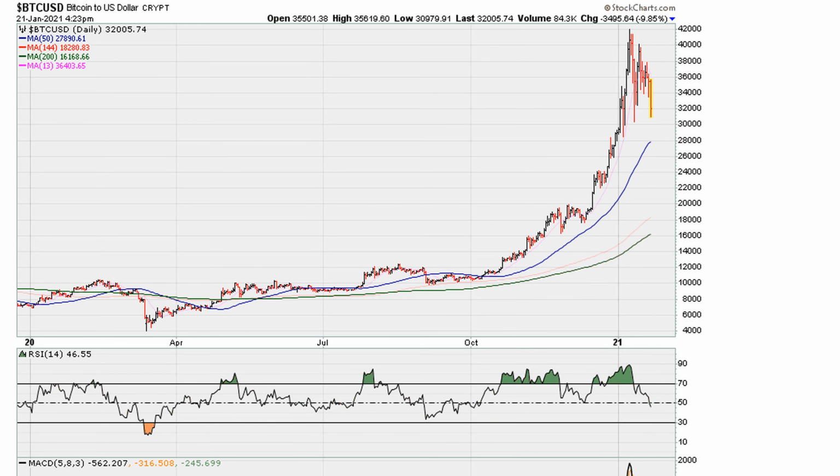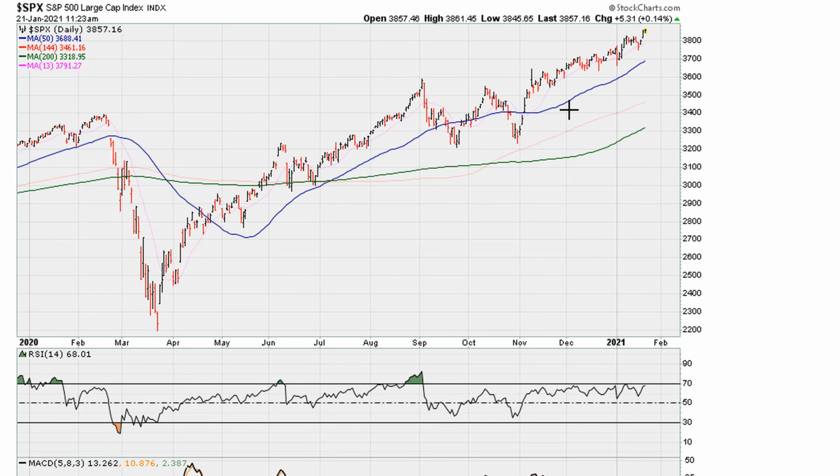It's another way of saying that the S&P 500, and this is the daily, would also need to break below this line here, the RSI lows line. A break of this line down the road would be the initial major sell signal for 2021.